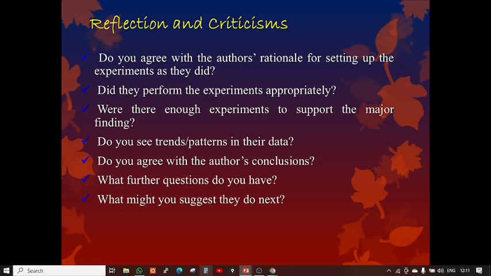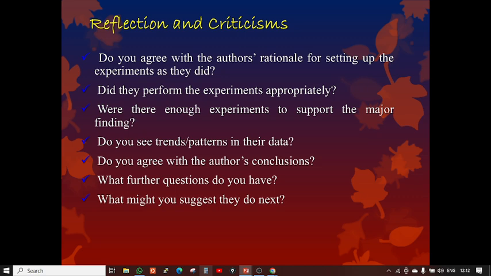Did they perform the experiment appropriately? Is there enough data from the experiment to support the findings? Do you see some patterns in the data, whether it is increasing, decreasing, or showing some irregular behavior? Do you agree with the author's conclusions, whether what the author wrote is right or the same as your conclusions after reading everything?